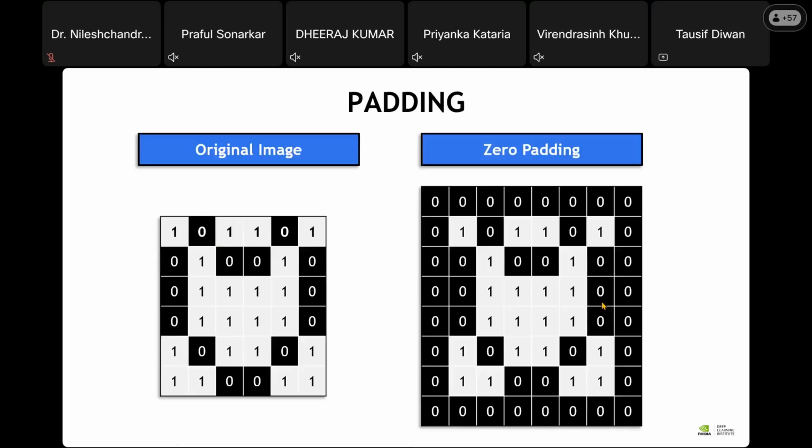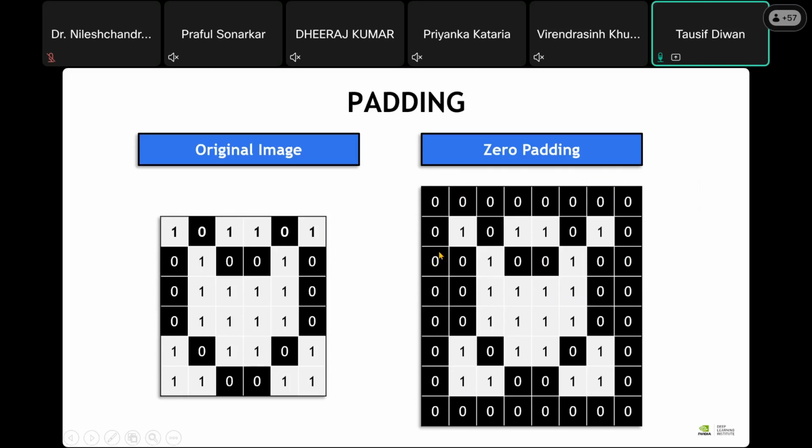Now sometimes, first of all we will try to understand what padding is. Padding is nothing but padding zeros on the boundaries of the input. Okay, that is nothing but zero padding. Okay, here see, this is my input and on the boundaries we are padding zeros.